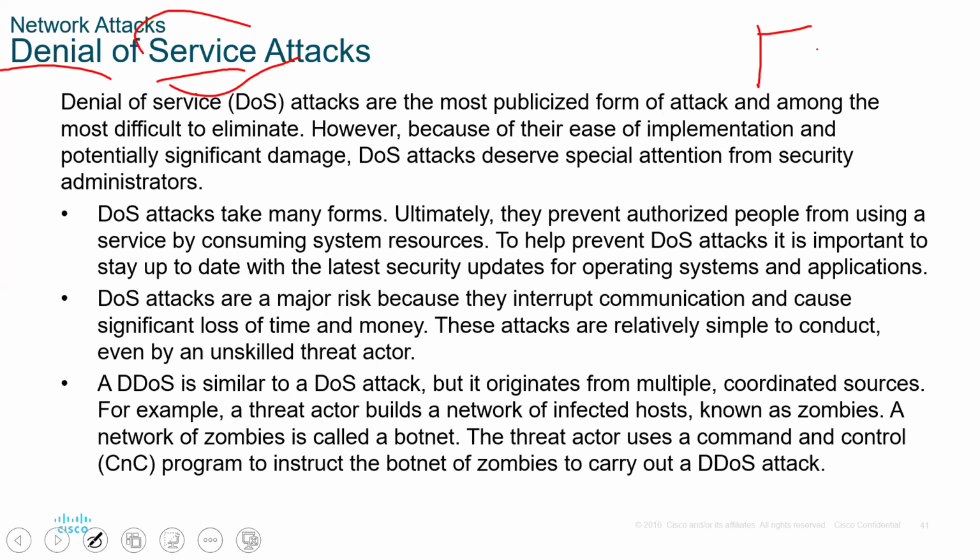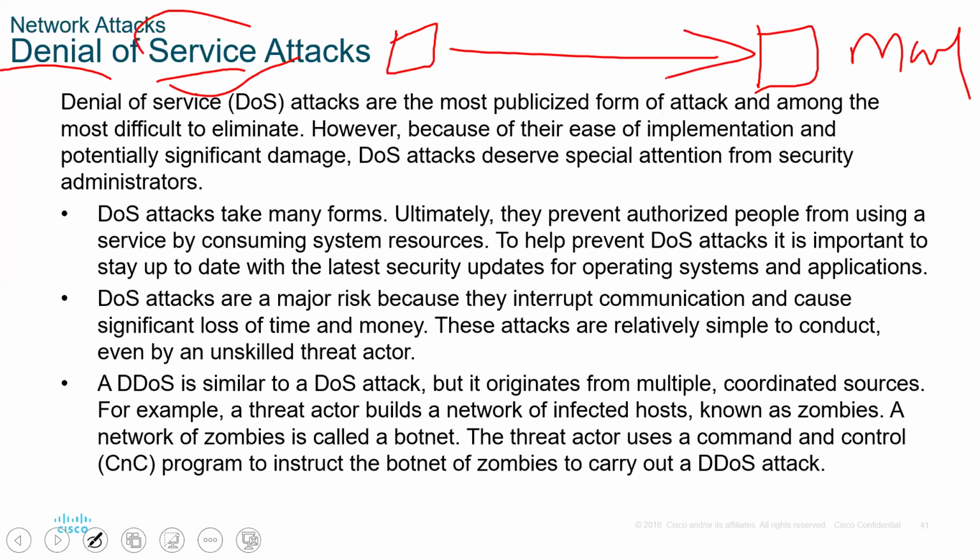Let's say this is the server, and this server is a mail server. Then this is a PC. This PC accesses this server. A DoS attack is when you deny this PC access to this particular server. How do you do so? You keep the server very busy solving other, irrelevant problems so that it will not be able to provide the service.